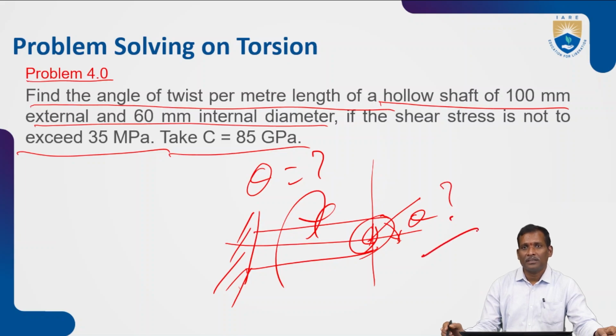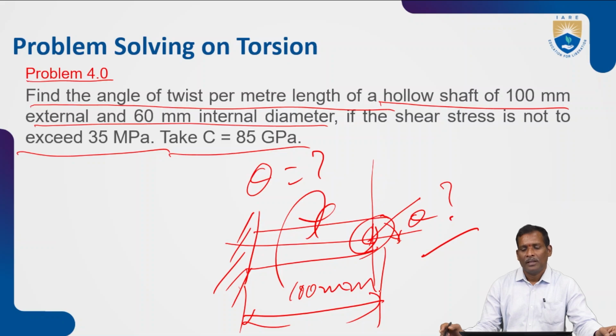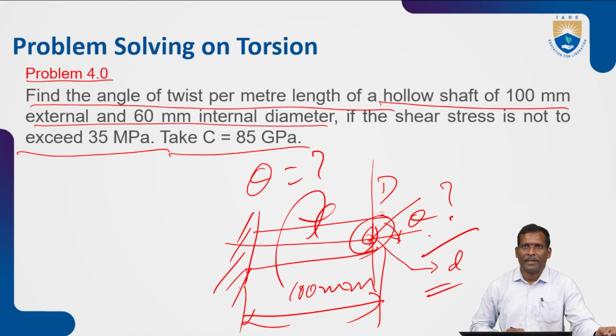So what he has asked for is the 1 meter length of shaft, external diameter capital D and internal diameter d. Shear stress should not exceed 35 megapascal. So what is this angle?